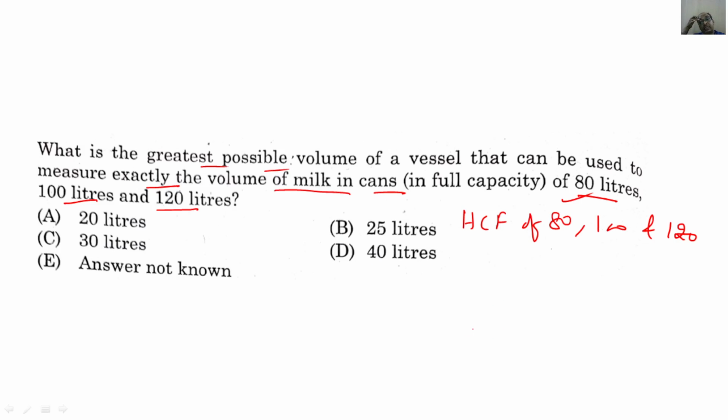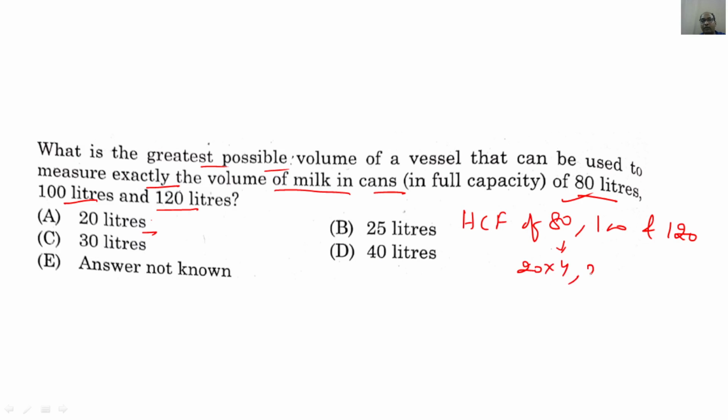Now if we see the answer itself, we will be able to find out. From the answer also, sometimes we need to solve, it becomes easy to solve. Now you see that suppose 20 liter, we are taking 20. Now 20 means 4 times, it will give us 80. So 20 into 4.